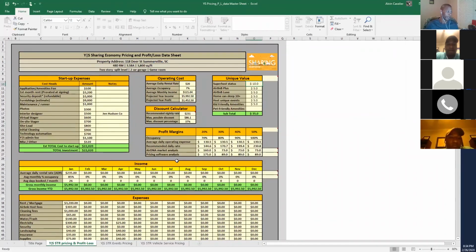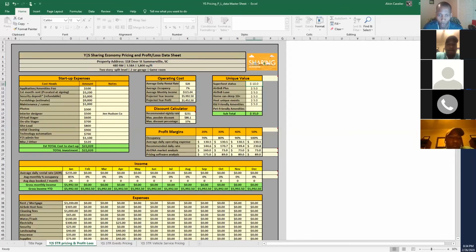So it captures everything from that standpoint and gives you all your important numbers from a tax perspective here in your operating cost, and gives you both your gross monthly income and then your gross income year to date over time, with projected numbers here in terms of your monthly income, projected yearly income, and projected year profit there. So that's a good look.